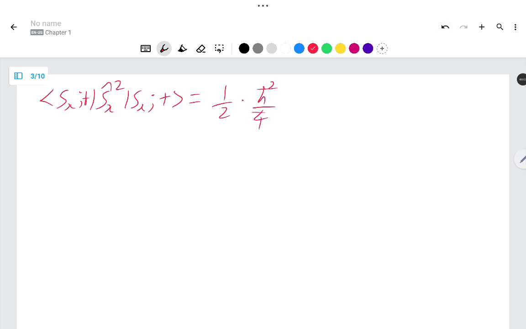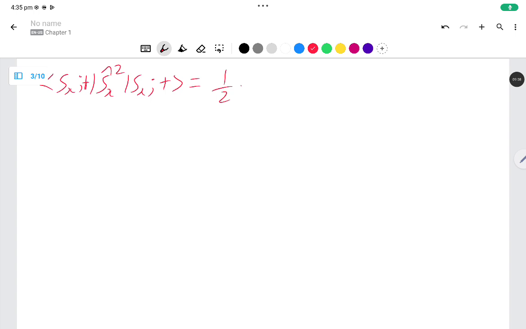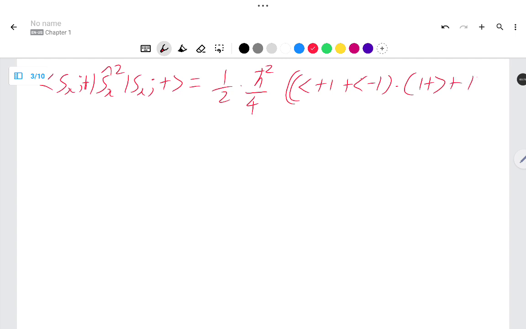So it will be h squared by 4, with minus multiplied with plus minus.